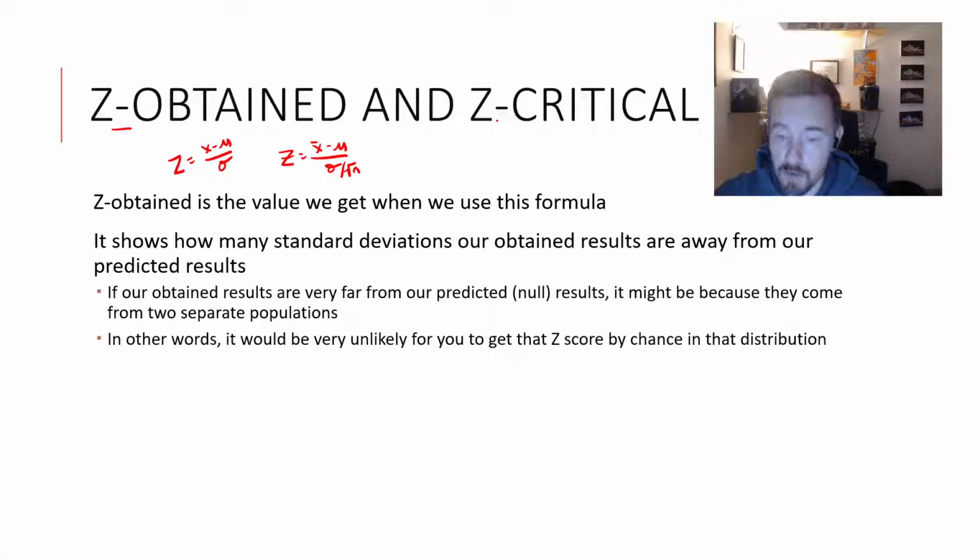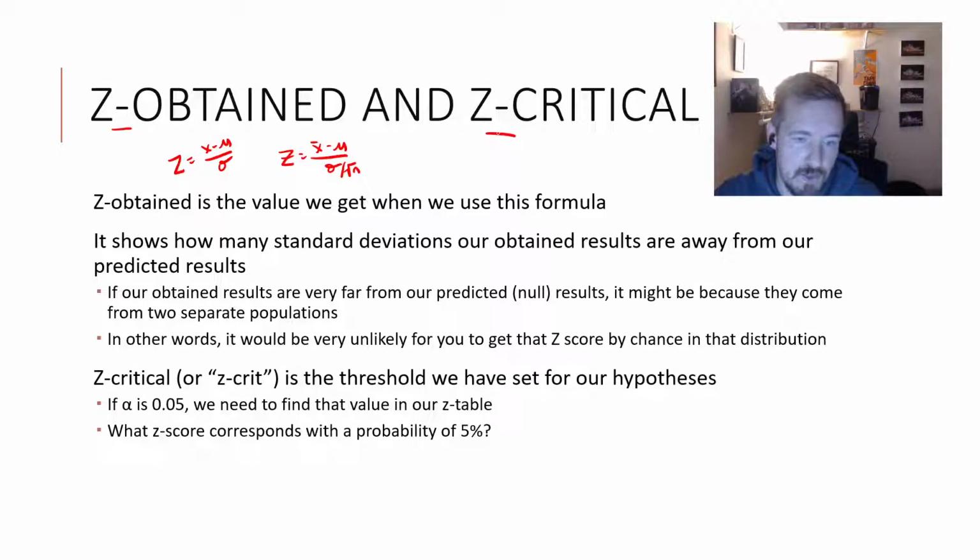So the z-critical is then going to be a threshold that we're going to use. Anytime your z obtained exceeds the z-critical, then it means that you can reject your null hypothesis.